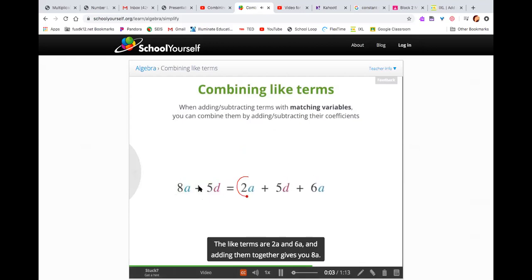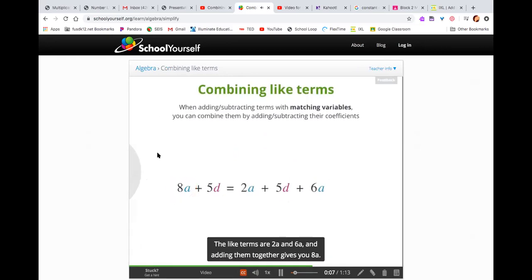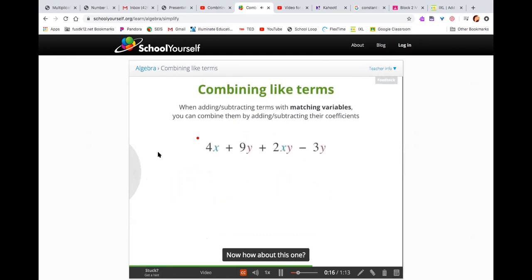The like terms are 2A and 6A, and adding them together gives you 8A. Meanwhile, you can't combine 5d with any other terms, so this is the simplified expression. Now how about this one? 4x plus 9y plus 2xy minus 3y. So now we have a term with variables that are being multiplied together. How can we simplify this expression? Well, again, we look for like terms which have matching variables.